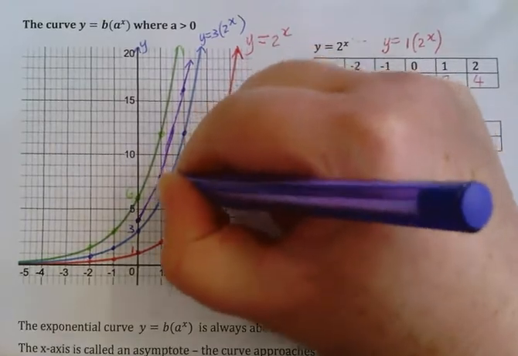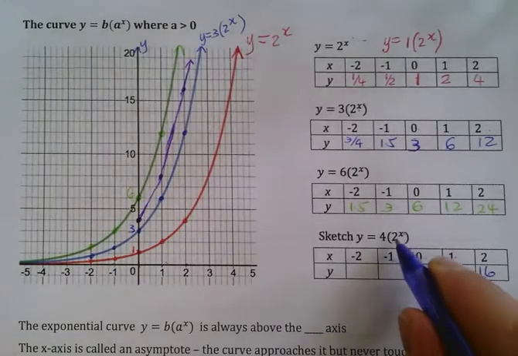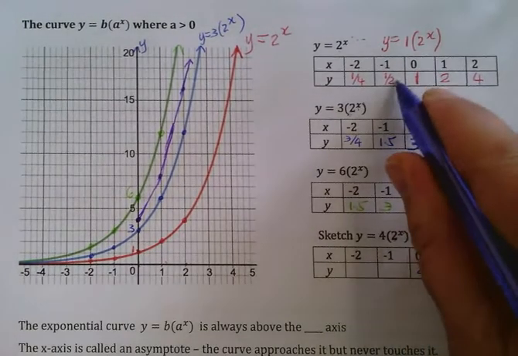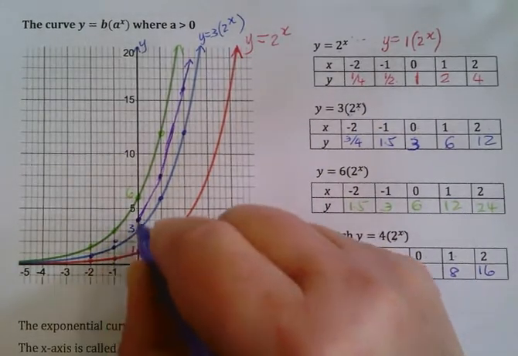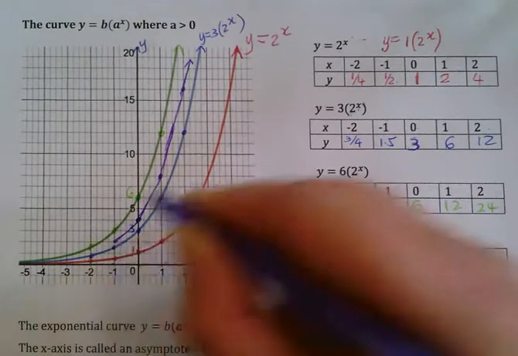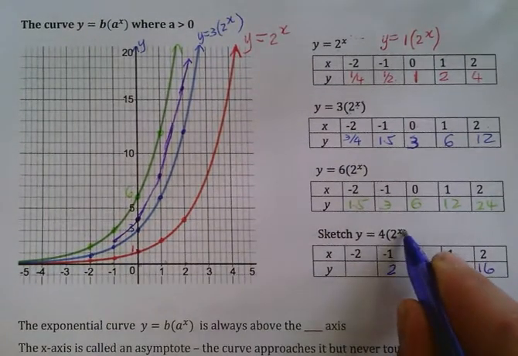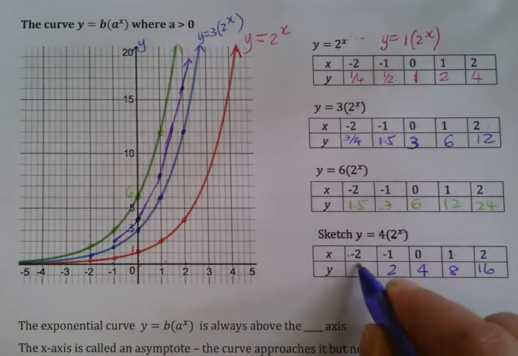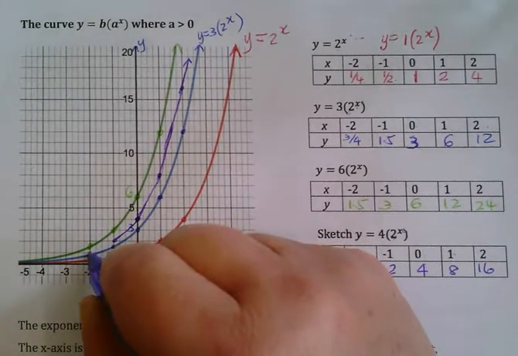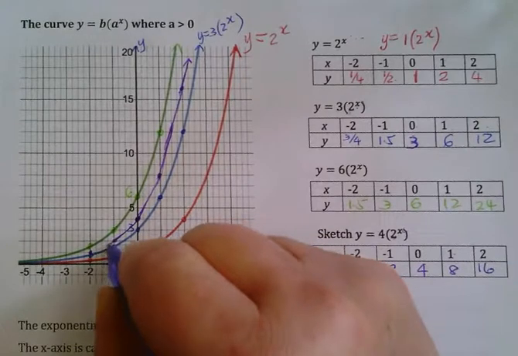Now, let's do our other values down here. 2 to the negative 1, I can see from up here is a half. 4 times a half is 2. So negative 1, 2 goes sort of in between. And 2 to the power of negative 2 is a quarter. A quarter times 4 is 1. So I've got negative 2, 1, and it sits in there.